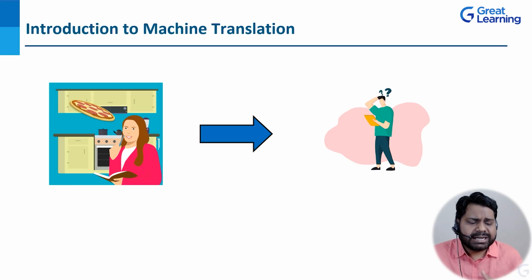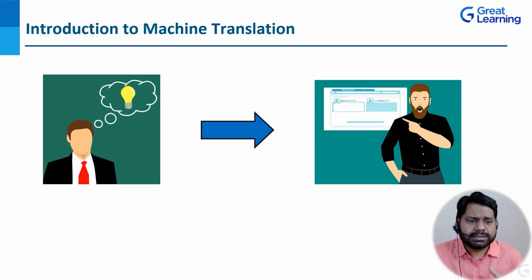Then suddenly you got an idea that yes, you can use Google Translate or Bing Translate or any other translate application. So you open your browser and type the keywords that are written in French, then translate them into English and then you can order. So this makes your life easy, and this is all about machine translation.